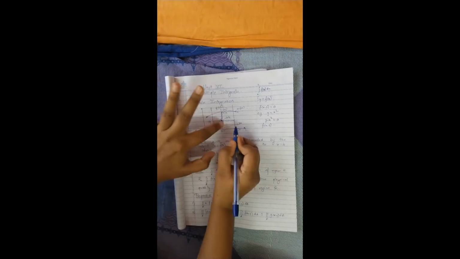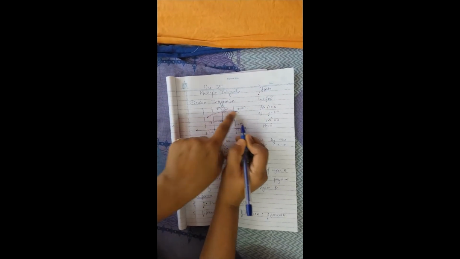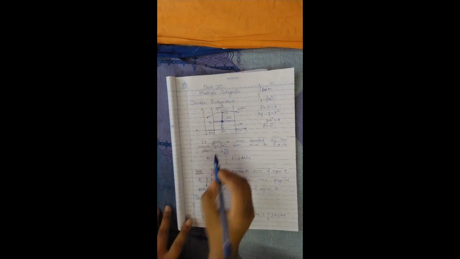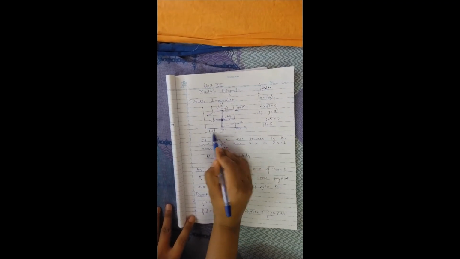That means you need to move this common area throughout this total area to find the area under that curve.